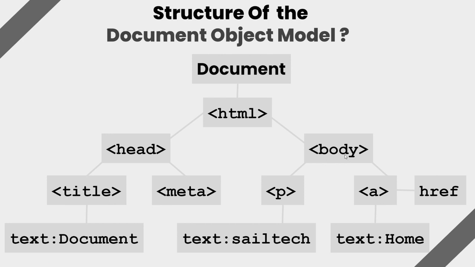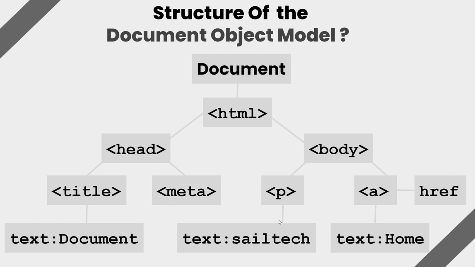Now going to the body, after the body we have the HTML elements themselves. So here we have the P element, which is just a quick example of an HTML element. We also have the anchor tag, another HTML element. So what this means is that all HTML elements are actually on the same hierarchy when it comes to how they appear in the structure of the DOM.